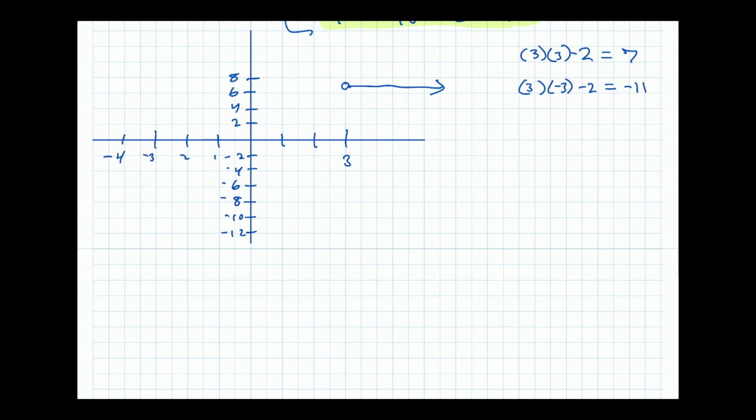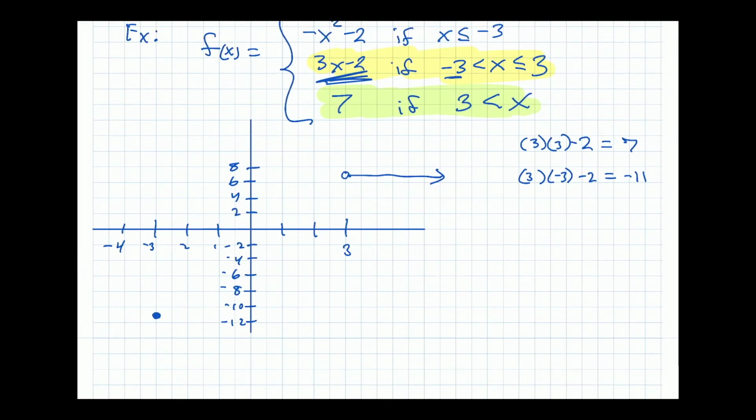At -3, we're supposed to be down at -11. That's down here. Should that be open? Actually, yeah, it should be open, so let's erase that. That should be an open circle right there. And then at +3, we're supposed to be up at 7, which is where this empty circle is.